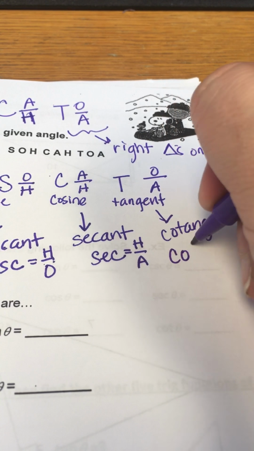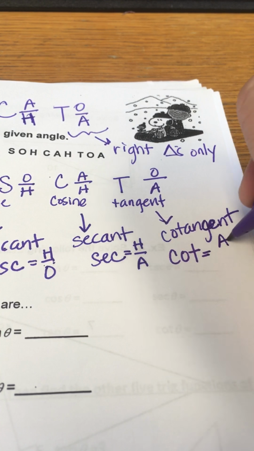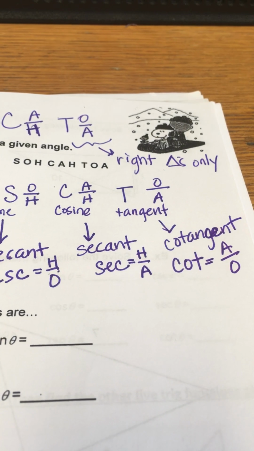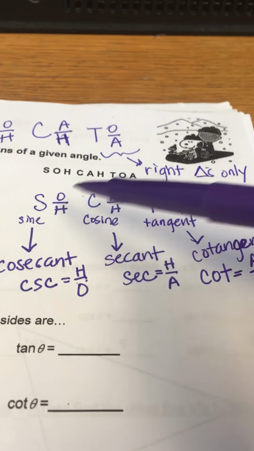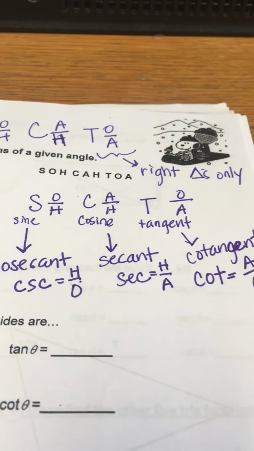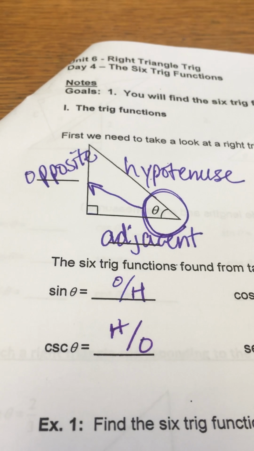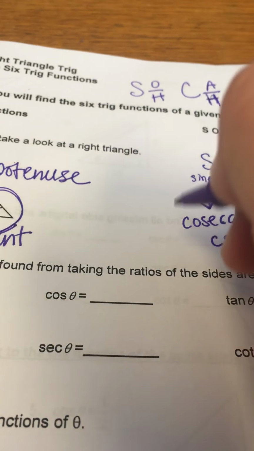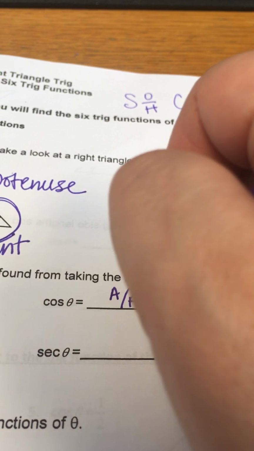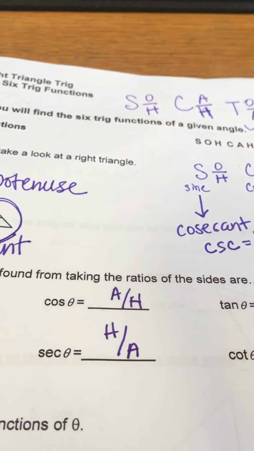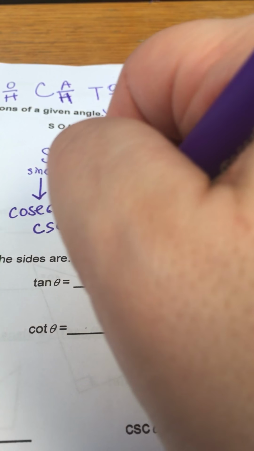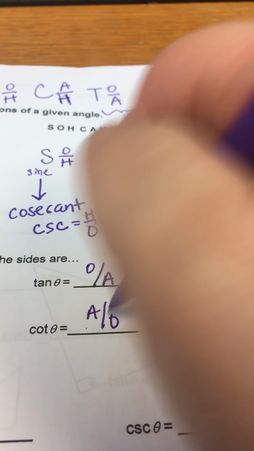So this is cot, and that's A over O. Alright, so if I can do SOHCAHTOA, I can definitely do these 3 because we can flip them. Sine is O over H, and H over O. Just flip them to get the other ones. Cosine, A over H, so H over A for secant. Tangent is O over A, so we got A over O.